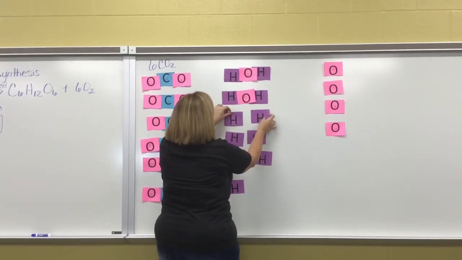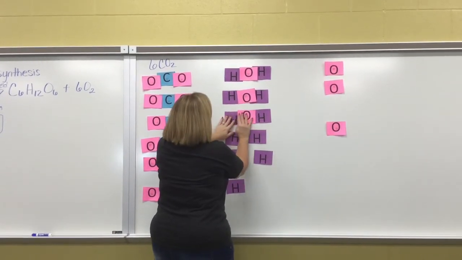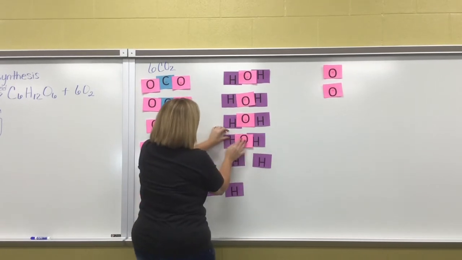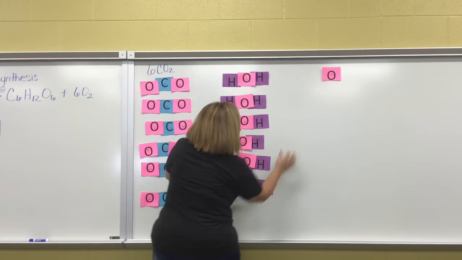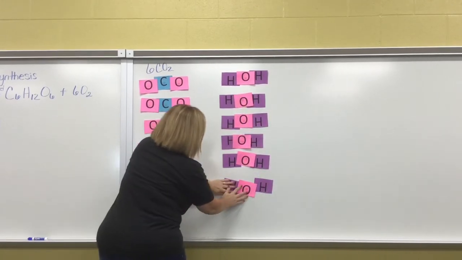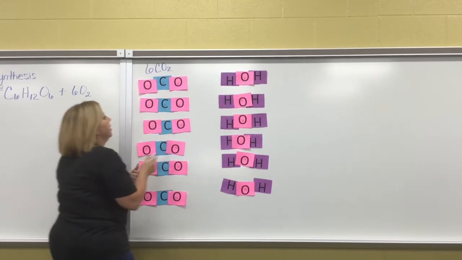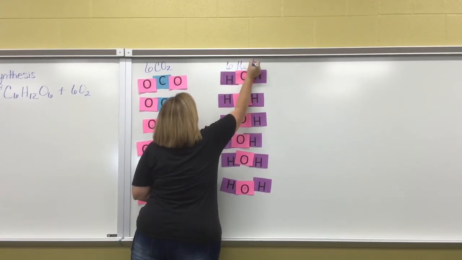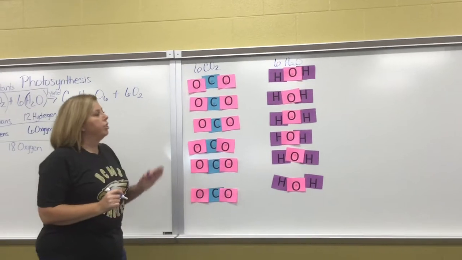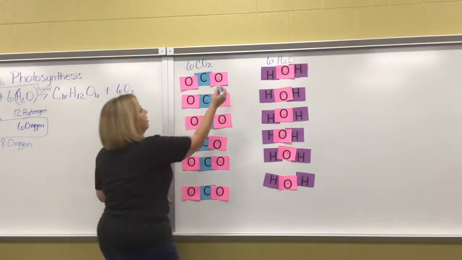There's 2. There's 3. There's 4. 5, and 6. So now we have 6 H2O. So there are my 2 reactants for photosynthesis.